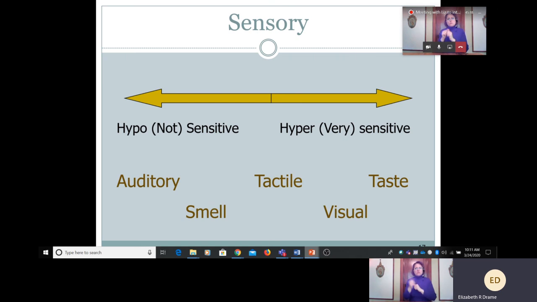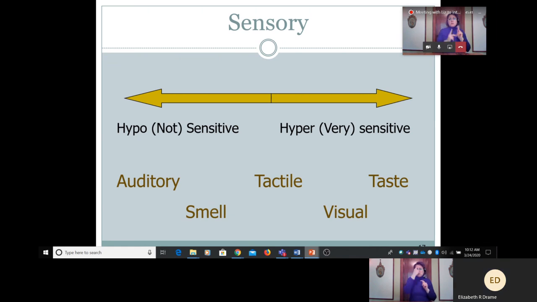Sensory areas are another area that shows up with people with autism. I like to use the terms neurotypical versus neurodiverse; we just have neurodiversity. Our brains are different, and people with autism have different brains.